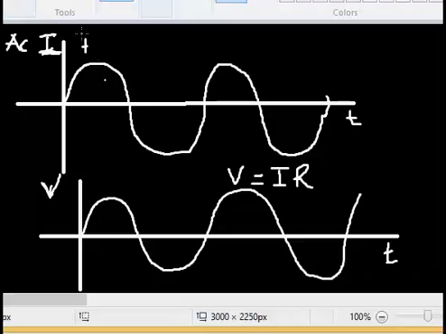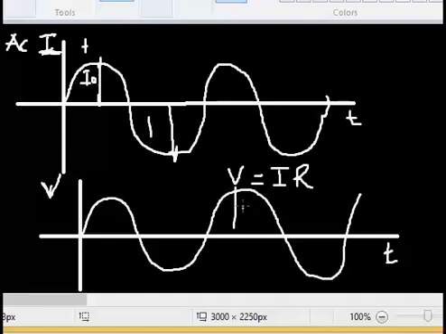As you can see, the peak is the maximum current, from the mean point to this maximum point. This represents I0, the maximum current. The same thing, this is the maximum voltage.